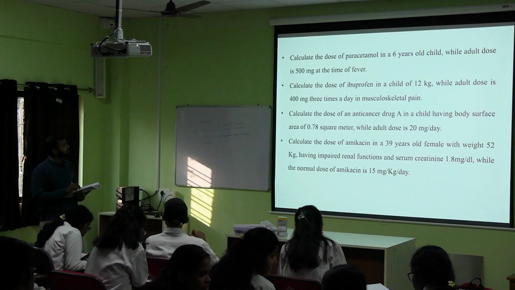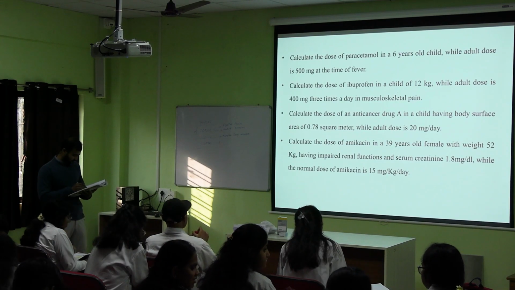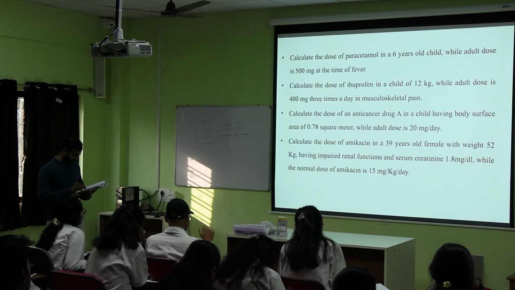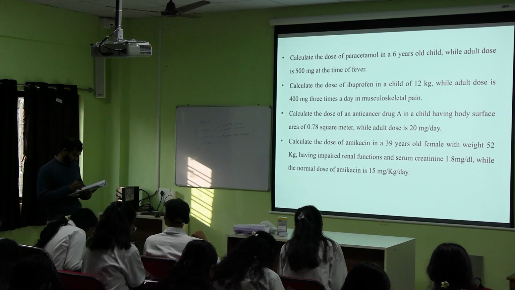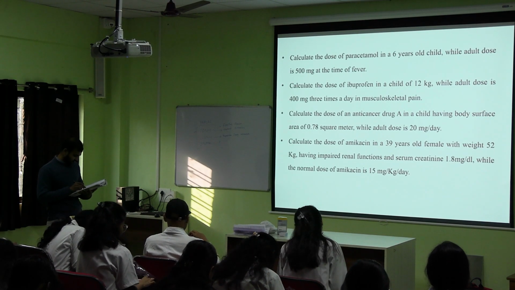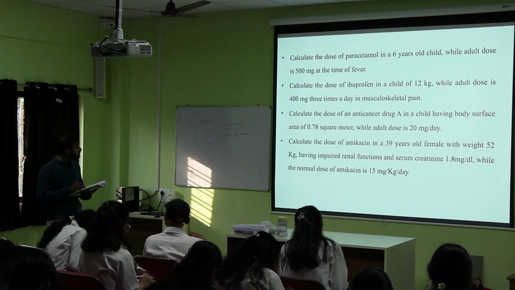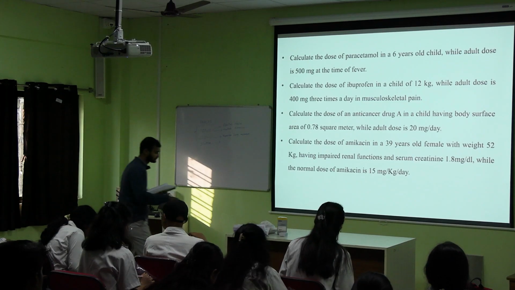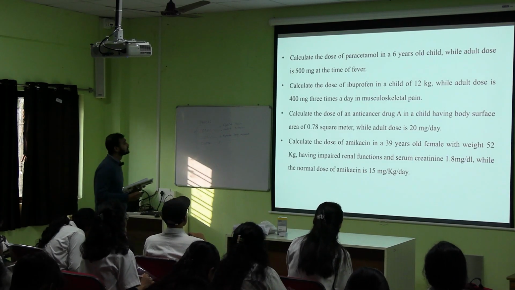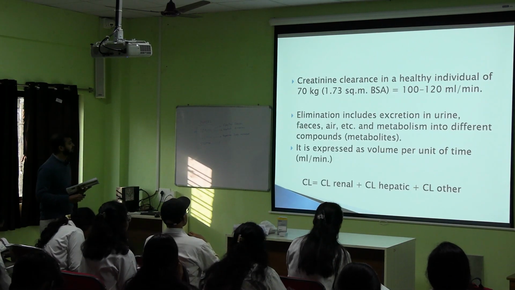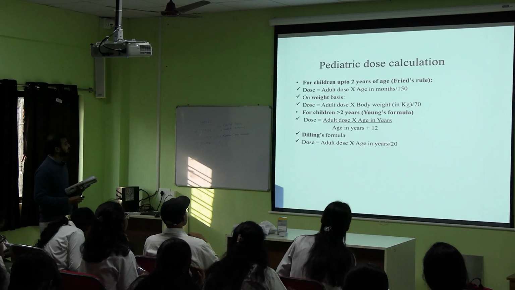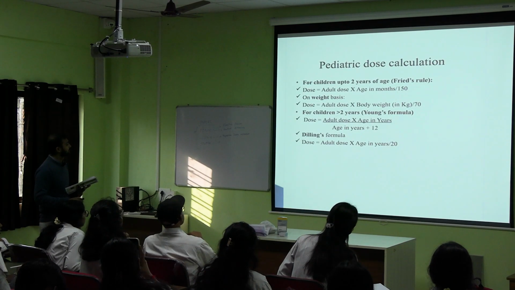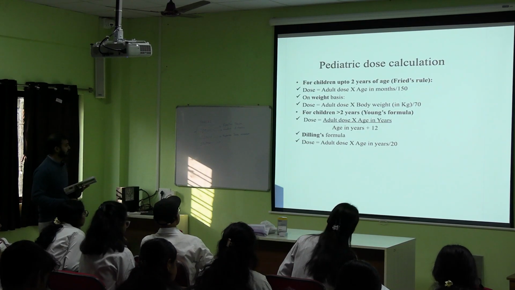So what is the formula here? Adult dose times age in years divided by 20. Which formula are you using? Young's. Dilling's formula.